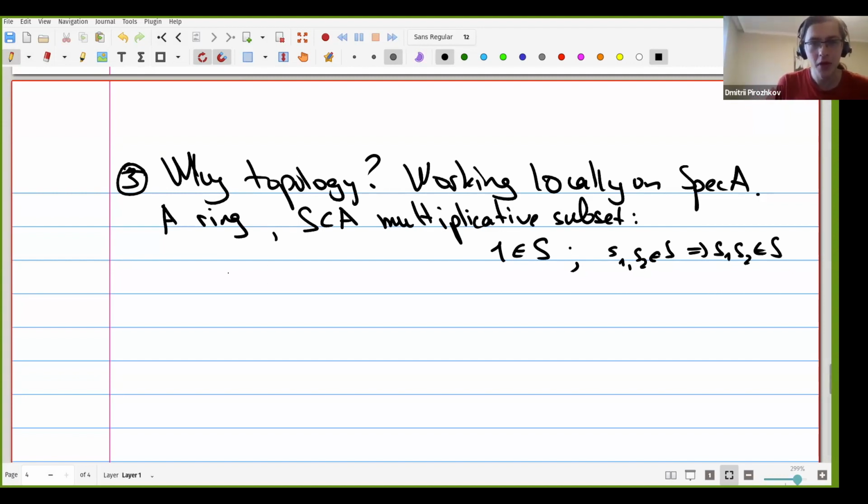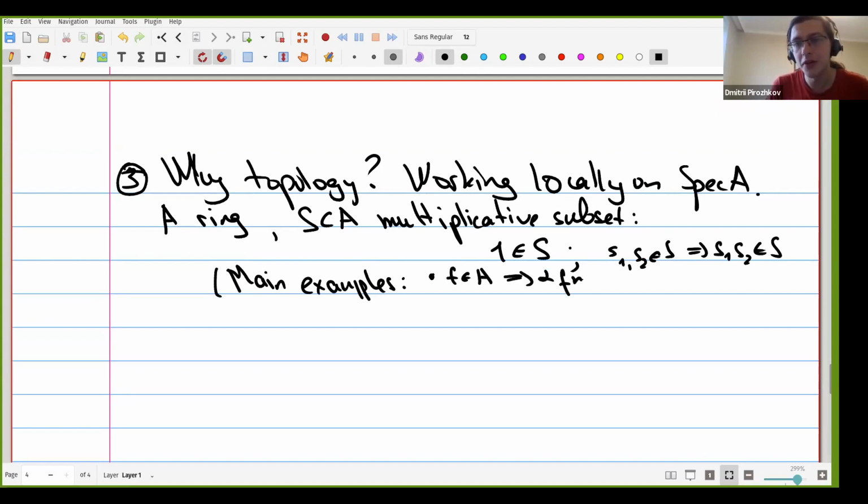So there are two main examples that you can keep in mind, but it's often easier to just use the definition than keep track of the examples. First, if you have some element f in A, then the set of powers of f is a multiplicative subset.